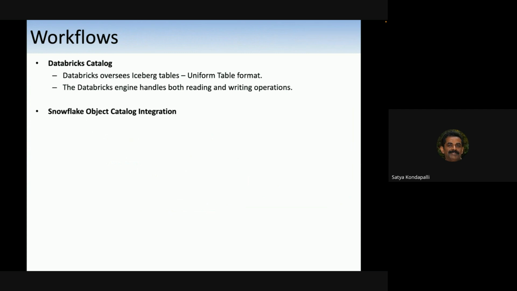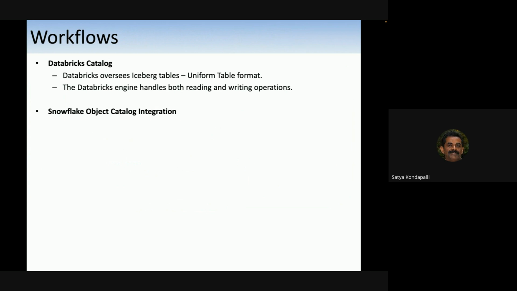Then in Snowflake, we call it object catalog integration. Remember the word object, right? So there is a Snowflake catalog, an object catalog. What that means is Snowflake has its own catalog, or Snowflake can read from AWS Glue, or in the future from Hive, EMR Hive, or other catalogs.